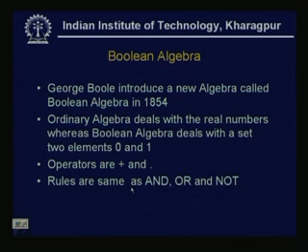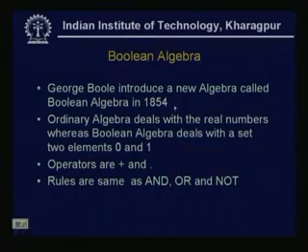So, if we now concentrate on the Boolean algebra, so far we have defined the general algebra, and if we consider the Boolean algebra, we can define it like this. George Boole introduced this new algebra, called the Boolean algebra, in 1854.